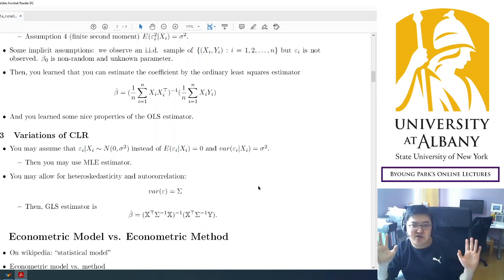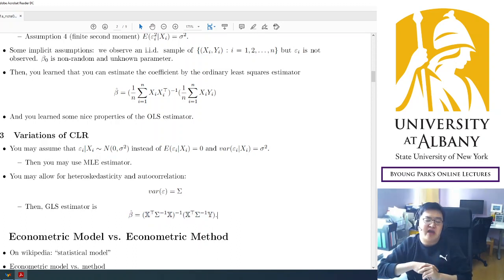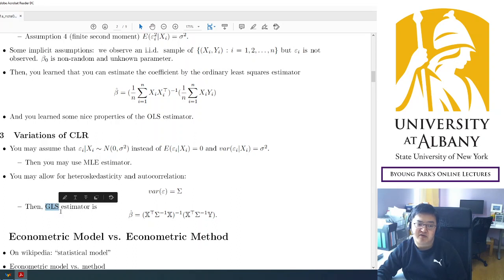So the IID assumption is broken, but we know how to handle it, because the linear regression model is simple enough, special enough, so it is not that difficult to handle the violation of IID case. And the answer is the GLS estimator, generalized least squares estimator. You can find this estimator in any textbook.